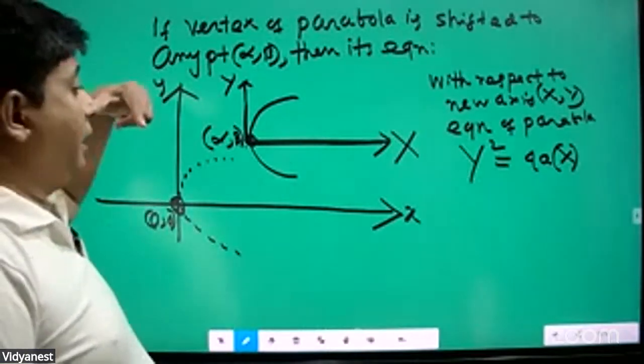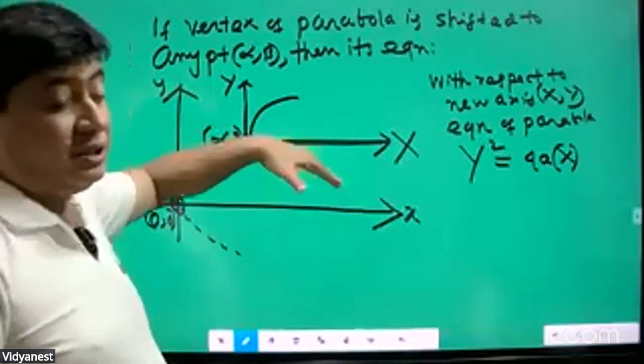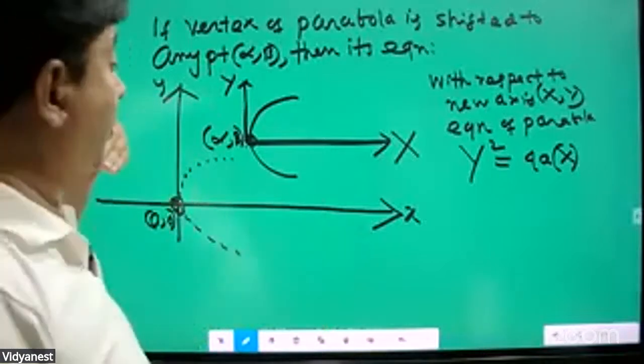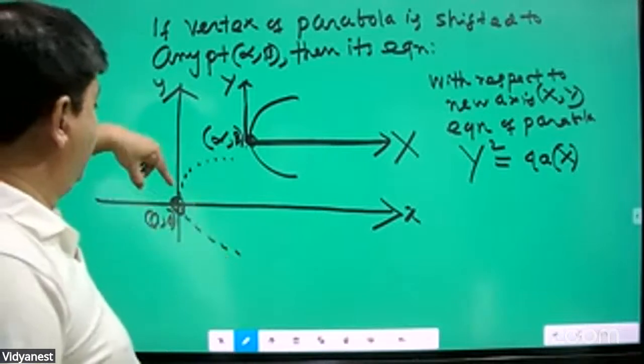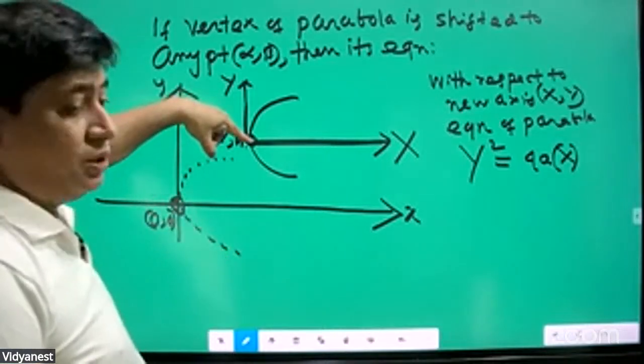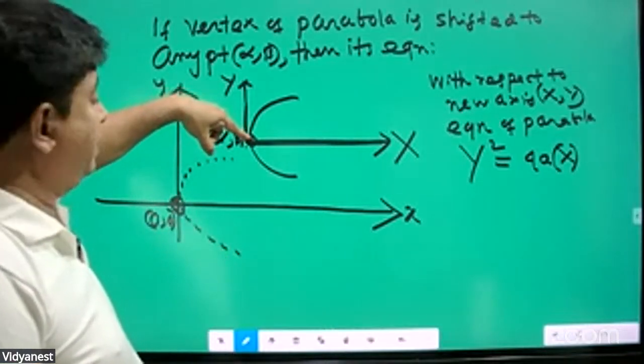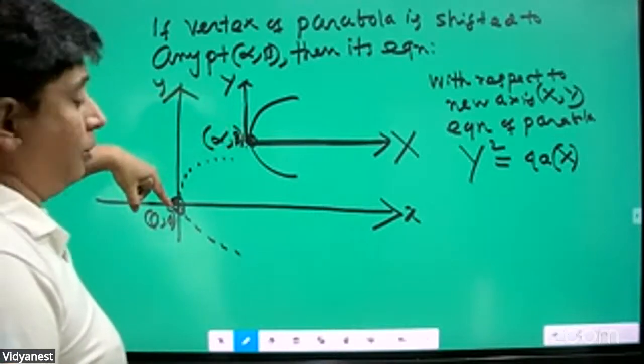will be capital Y square equals 4a into capital X. So this will not persist for all. Why? Because suppose you are staying at your home, for the time being you are going to your school, but your final destination is again to return to your home.